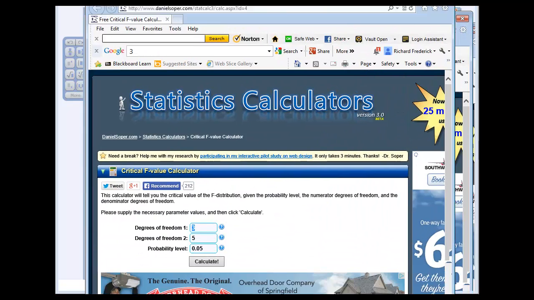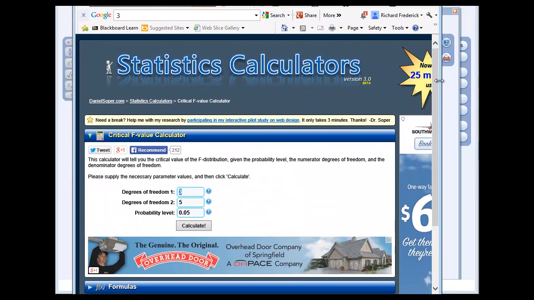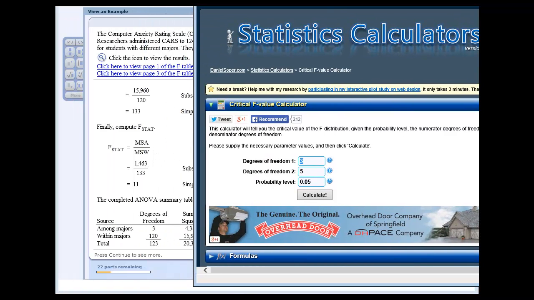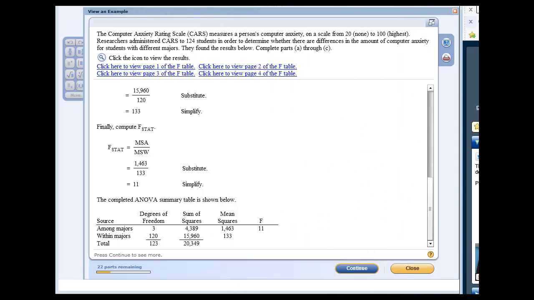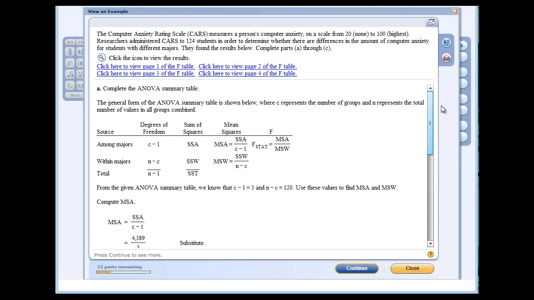Now I'm just going to pull in this calculator that I got just by typing in F calculator. Okay, so here is one. It says, okay, degrees of freedom 1 is 3, the next one is 120. We want to know our alpha level is probably, I think it's, let's go back to what it was.